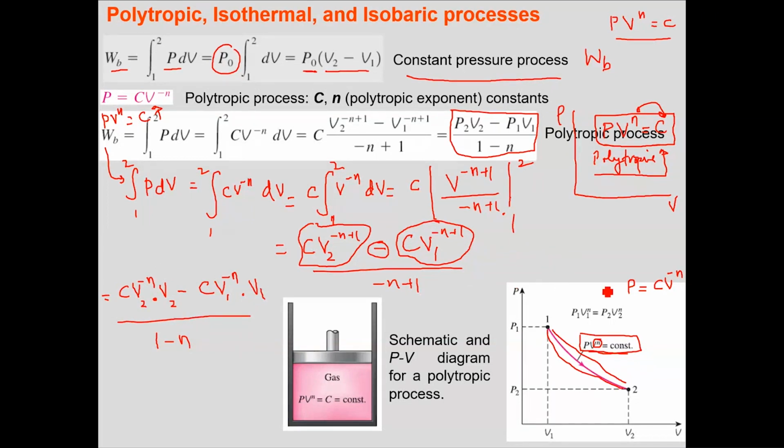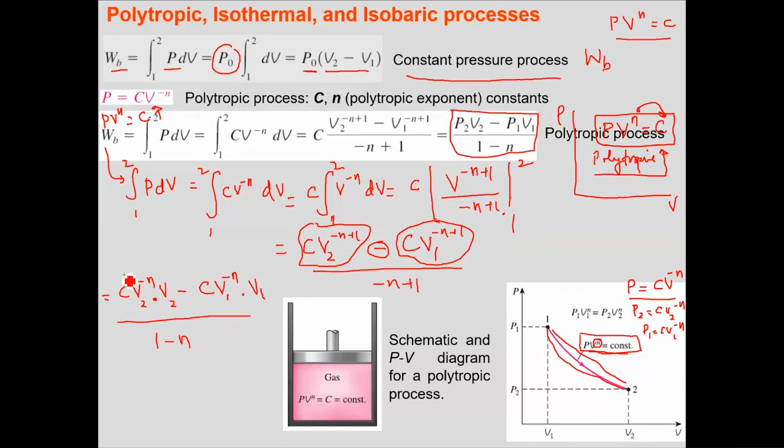Now, if this is your generic expression, you can say P2 is equal to CV2 to the power minus n, and P1 is equal to CV1 to the power minus n.